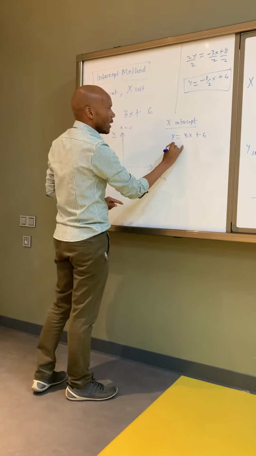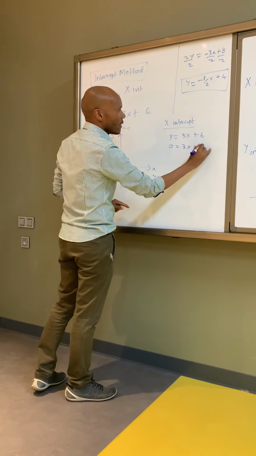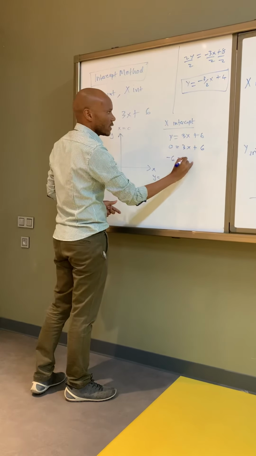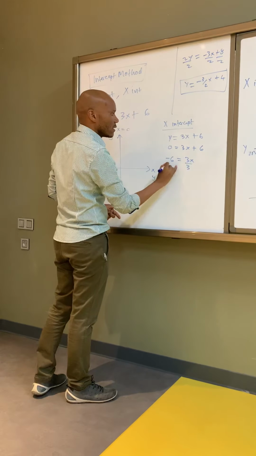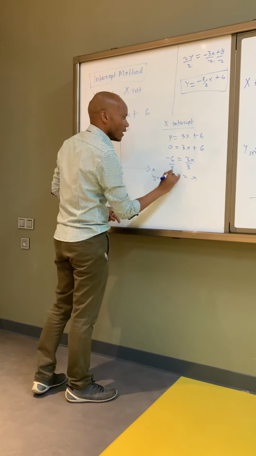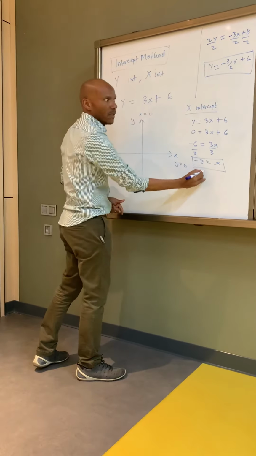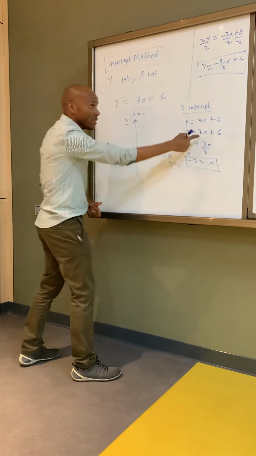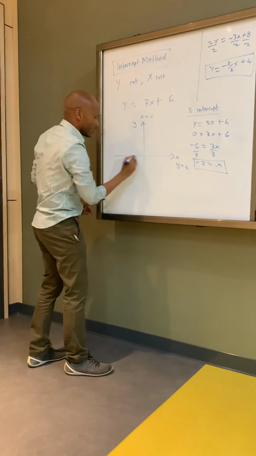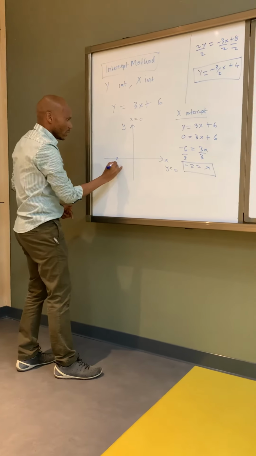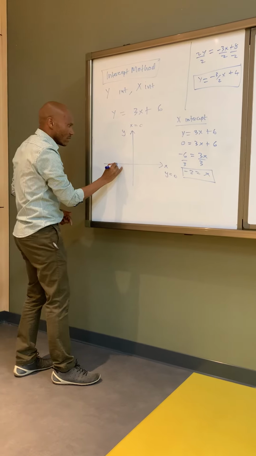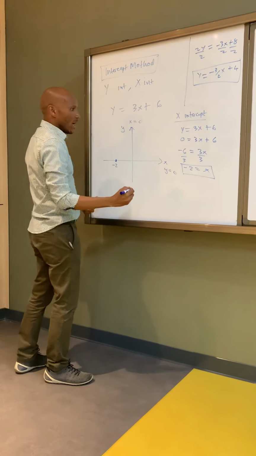So let me make my y 0 then. Plus 6, so negative 6, 3x, divide by 3, negative 2x. So that means that is my x-intercept. So this graph is going to cut at x is equal to negative 2. Okay?